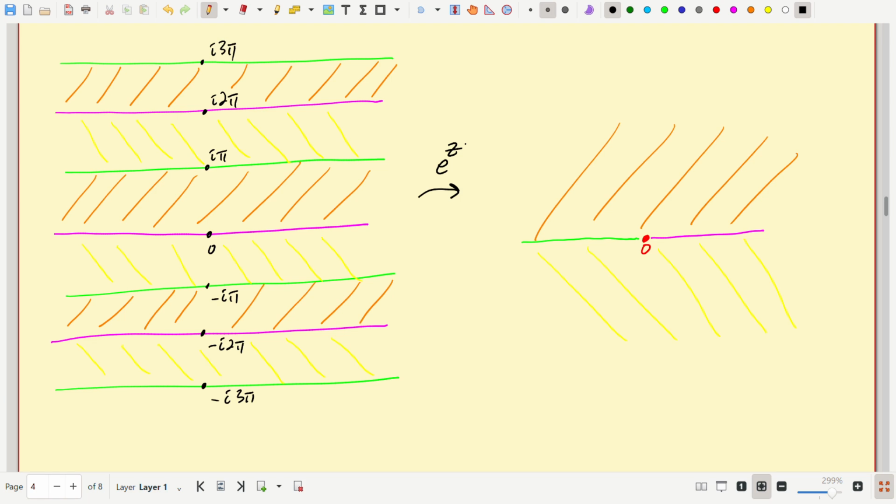So if I have a point, say right here, there's a w. If I want to find the log of w, I realize, oh my gosh, there's one in each of these orange strips. I got to pick one.